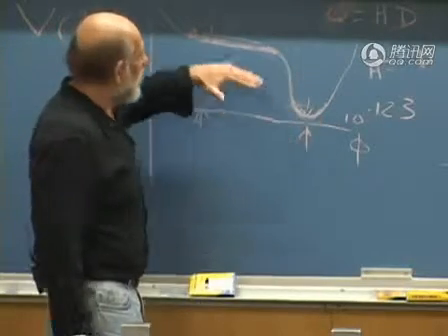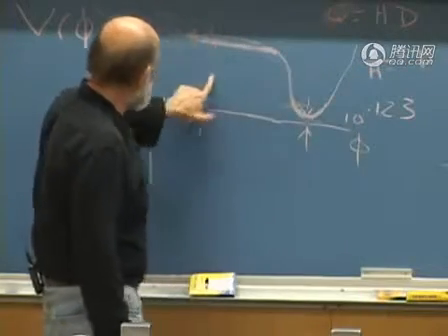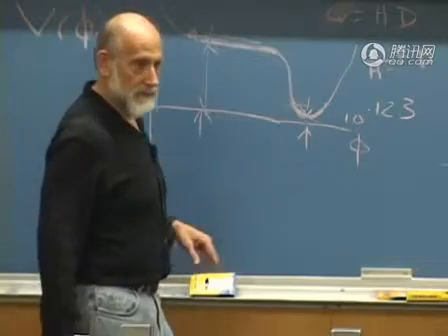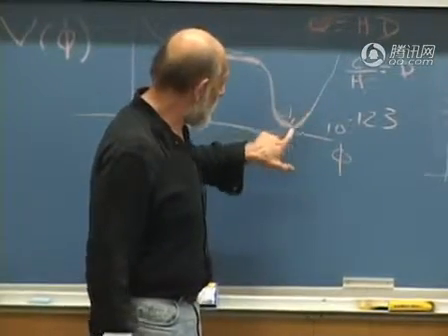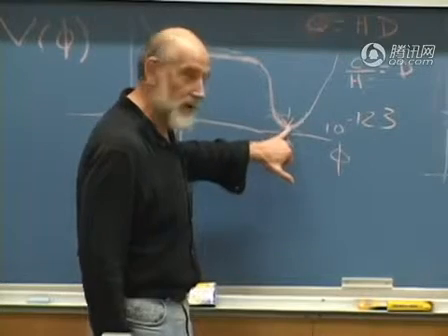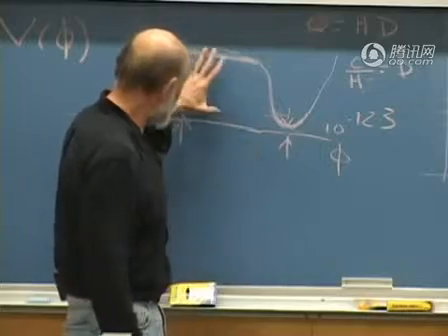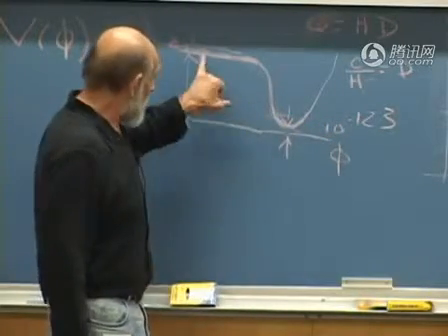The horizon up here just means the distance scale associated with the vacuum energy in here. The Hubble scale down here means the distance scale associated with this energy density. They're very different. So there's a small horizon up here.